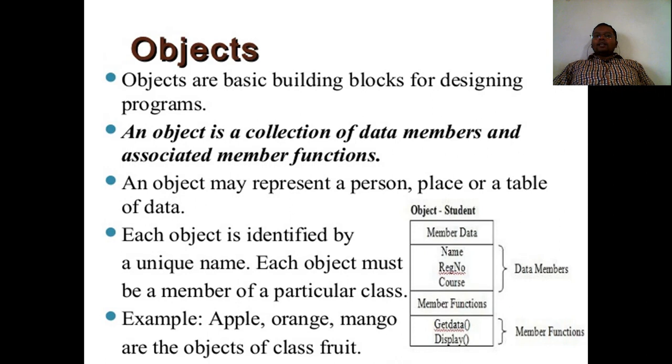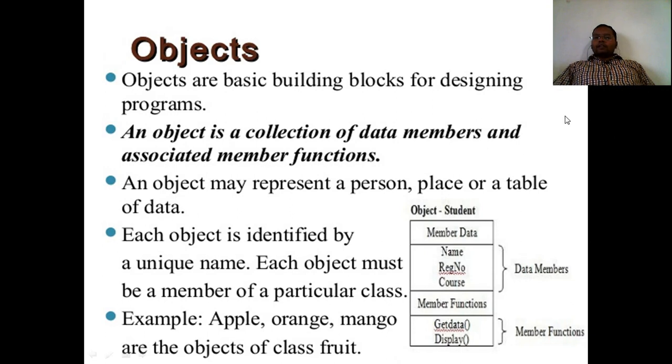An object is a collection of data members and associated member functions. An object may represent a person, place, or a table of data. Each object is identified by a unique name. Each object must be a member of a particular class. For example, apple, orange, mango are the objects of the fruit class.